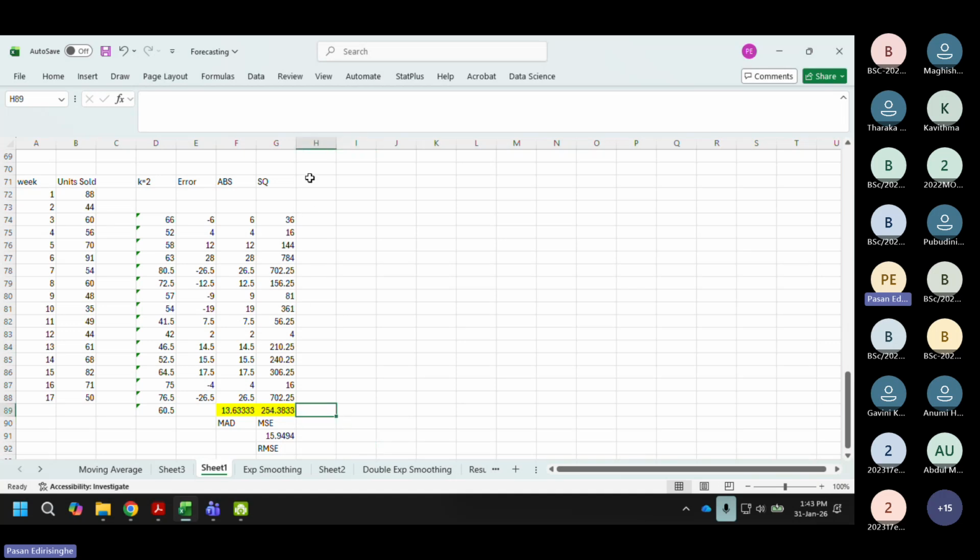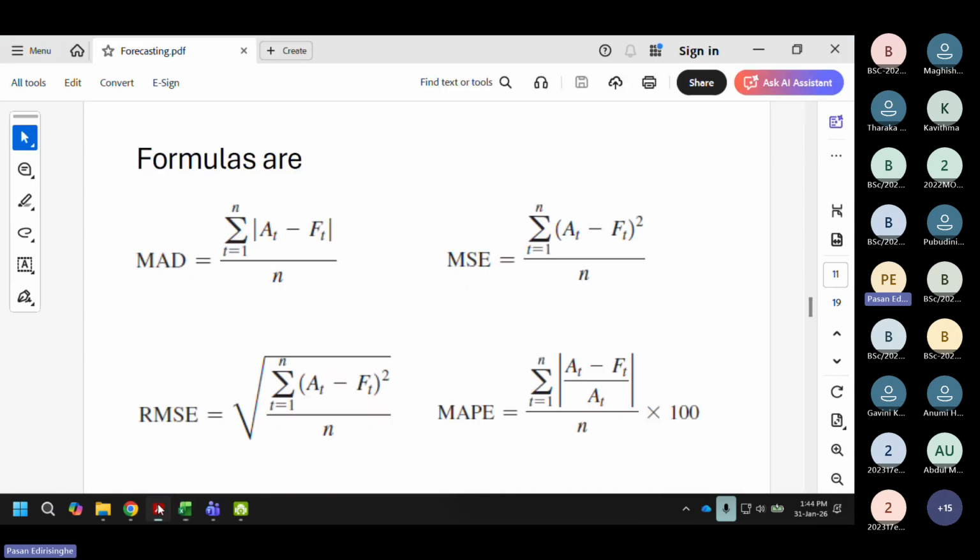And then I can take the percentage error, the mean absolute percentage error. We need the absolute deviation, so I can take this number. If you look at the formula here, we take the absolute deviation and divide it by the actual value, and then take the average. And you have to multiply by 100 as well.